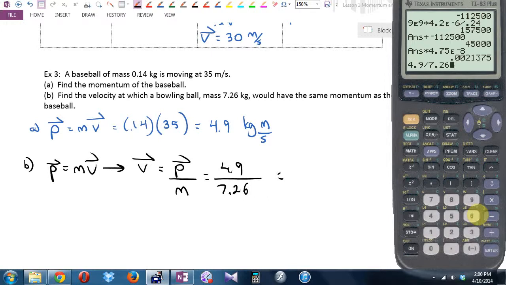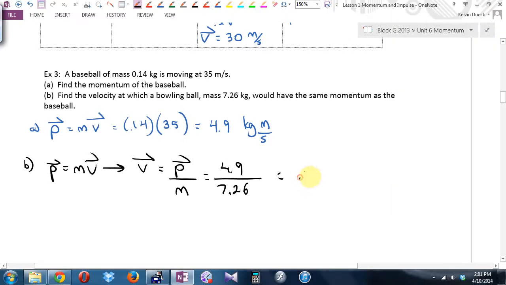Okay. Getting hit by a slow pitch in baseball is like getting hit by a bowling ball at 0.675 meters per second. Is that right? Okay.